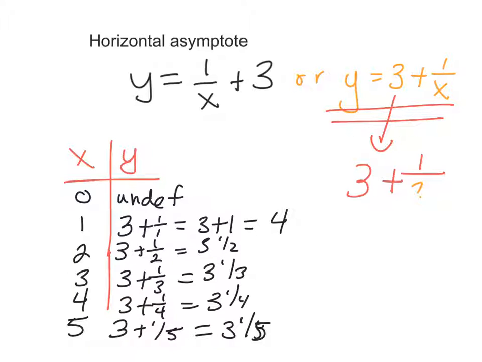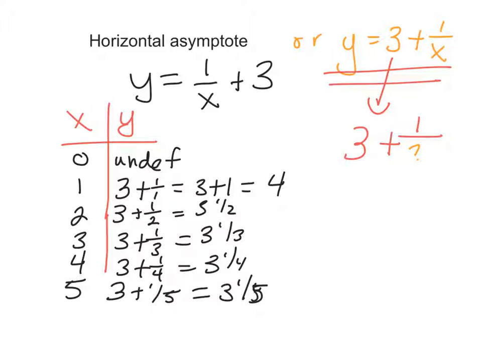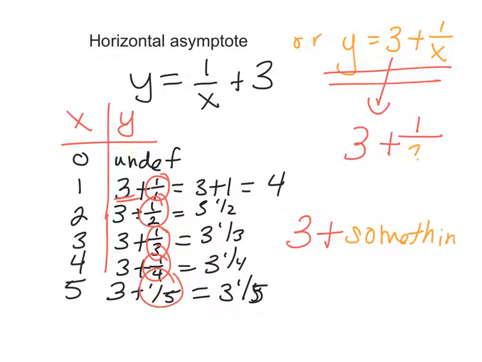Now, what are we noticing? We're noticing that these y values are decreasing. But what are they decreasing towards? Well, the pattern that we see is 4, 3.5, 3 1/3, 3 1/4, 3 1/5, 3 1/6, 3 1/7. They're getting closer and closer to 3 because we're always starting with the number 3, but we're adding a number that gets smaller and smaller every single time. And if we're always adding something, we are always going to be a little bit more than 3, no matter what we do.